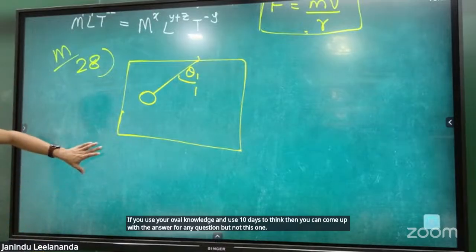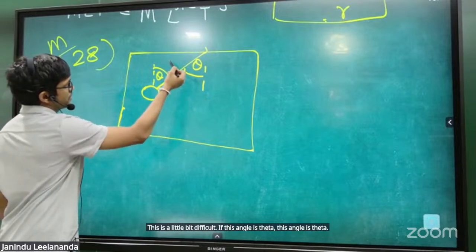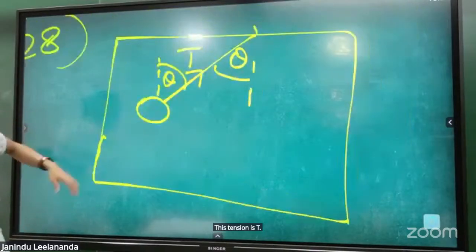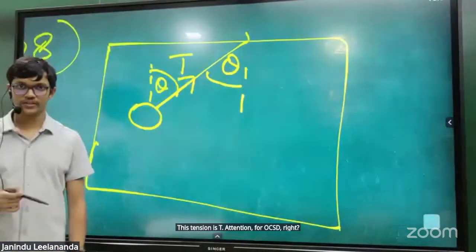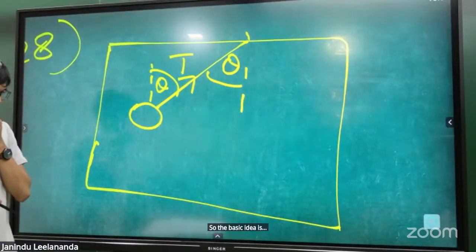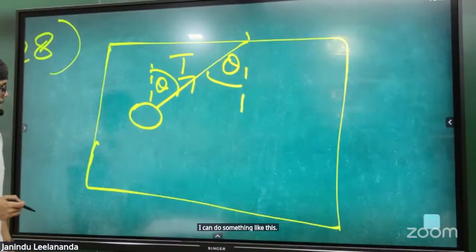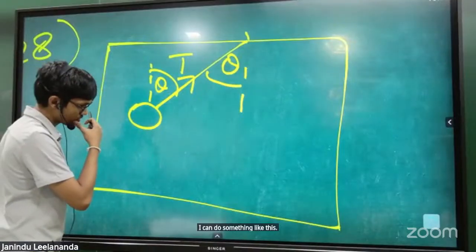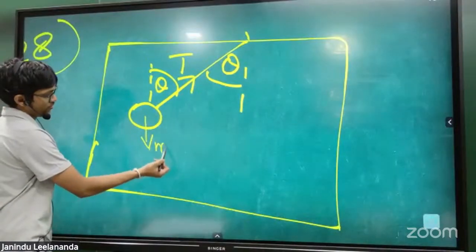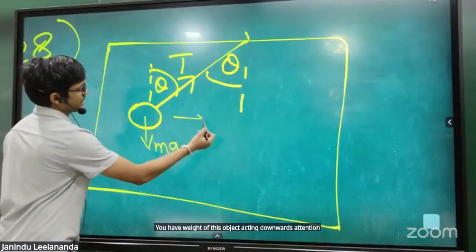If this angle is theta and this tension is T, the basic idea is this: you have the weight of this object acting downwards, and it's accelerating in this direction.